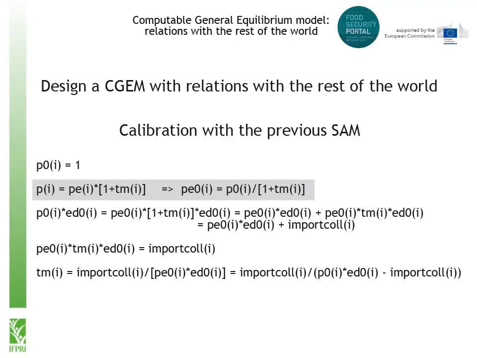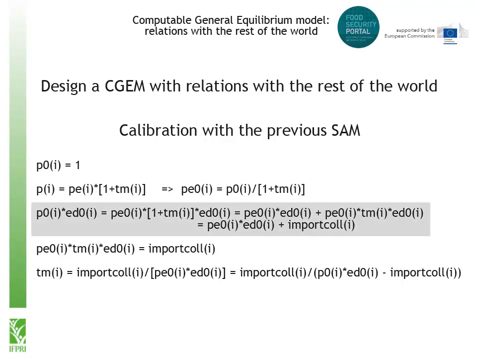The problem is that you do not know Tm in sector I. You do not know the import duty in each sector. What you know is only the amount collected by public administration. Okay, so before calibrating PE0, we have to calibrate Tm in sector I. How can we do that? If you think about it, you can use a sheet of paper and do some math.